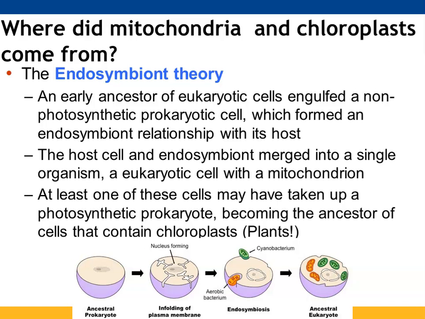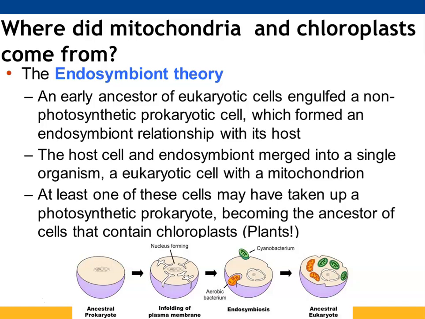It's thought that early ancestors of eukaryotic cells to produce a mitochondrion accepted or engulfed a non-photosynthetic prokaryotic cell, and rather than breaking it down, it formed a relationship with it, and it allowed that particular cell to reside within it. And as that cell duplicated itself, it became a eukaryotic cell with that organelle, the mitochondrion.